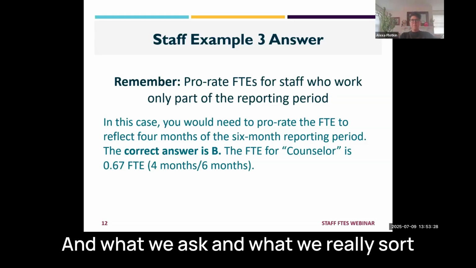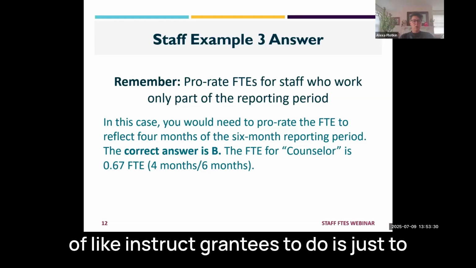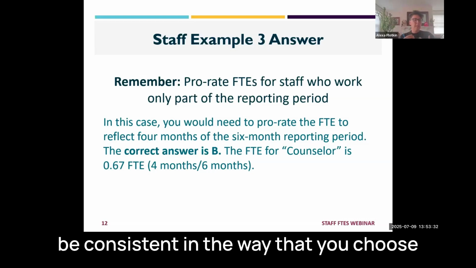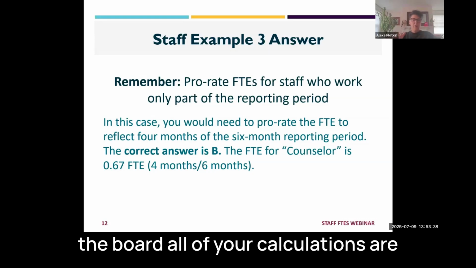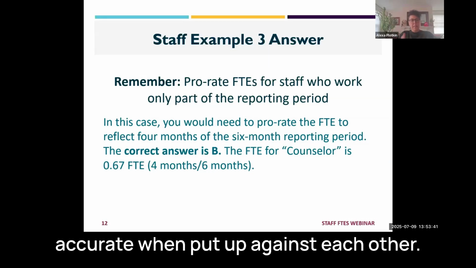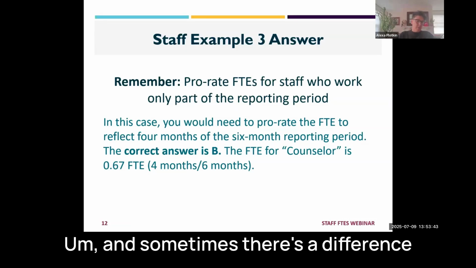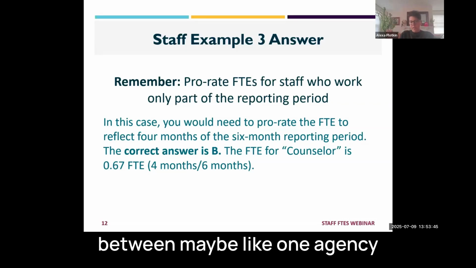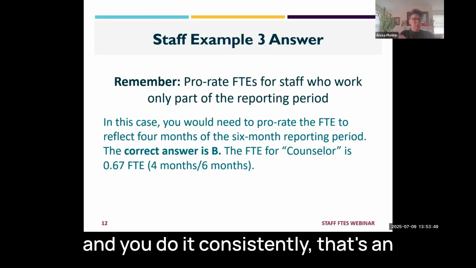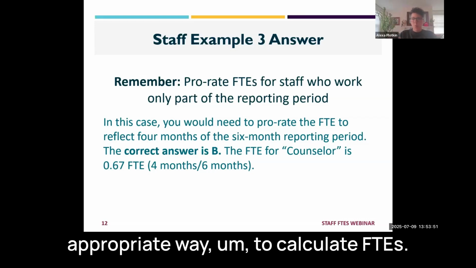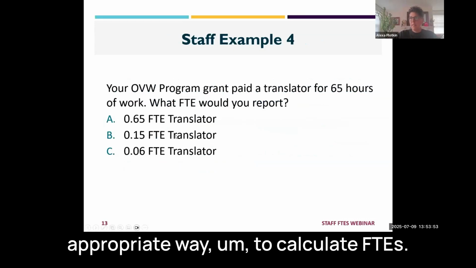What we ask, and instruct grantees to do, is to be consistent in the way you calculate your FTEs, so that all of your calculations are accurate when put up against each other. One agency may do it this way and another that way, but as long as you have your records and do it consistently, that's an appropriate way to calculate FTEs.